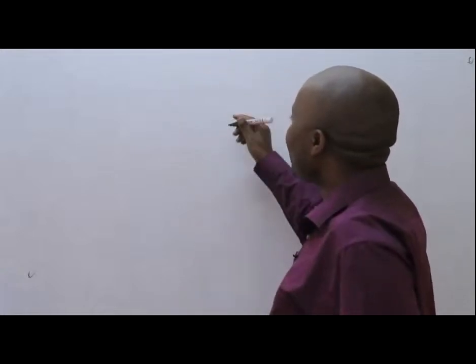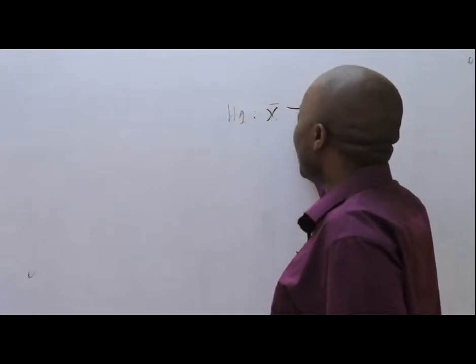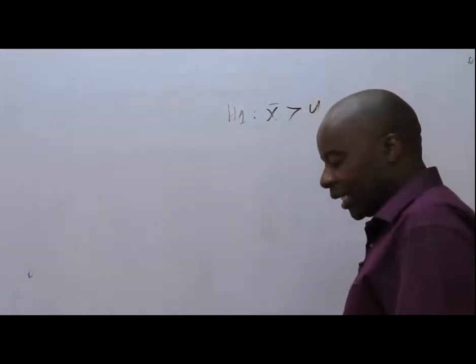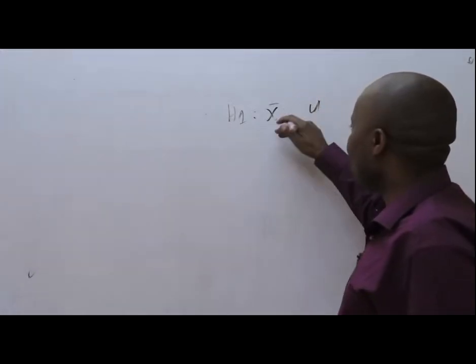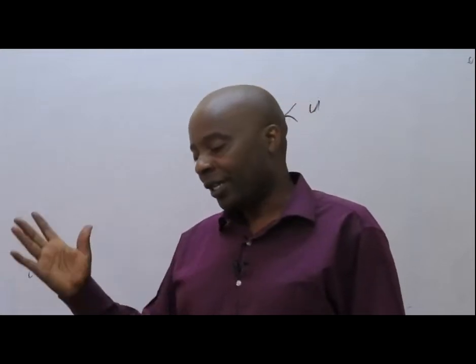You see, if, for example, your alternative hypothesis says X bar is greater than mu, you want to test the allegation. For example, there are some members of the public who have come making a lot of noise to the Kenya Bureau of Standards that the kind of bread you're getting nowadays, the weight is so little.